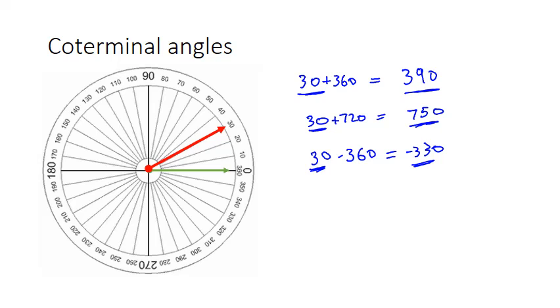Also, 30 degrees is coterminal with negative 690 degrees because again, if we go around 2 full rotations in the clockwise direction, that means that's the negative direction. We're subtracting 720, which gives us negative 690. So 30 degrees is also coterminal with negative 690 degrees. And all coterminal means is that, again, when we go around, we end up right back where we were.